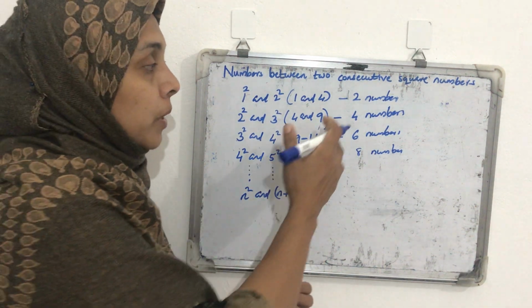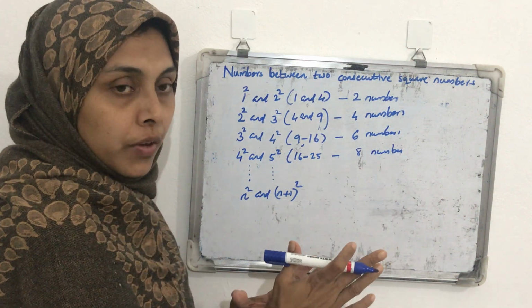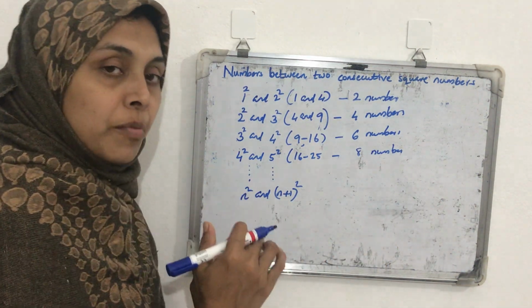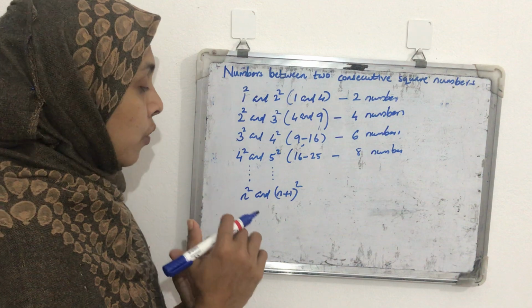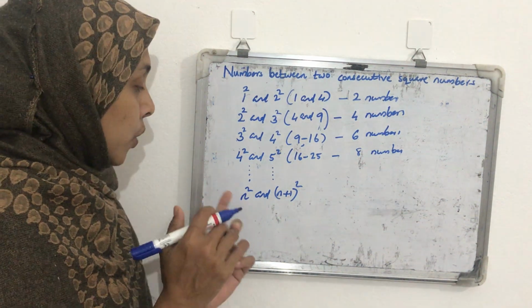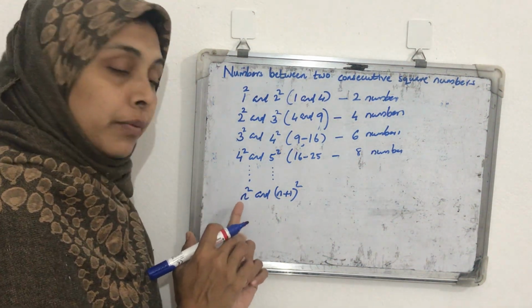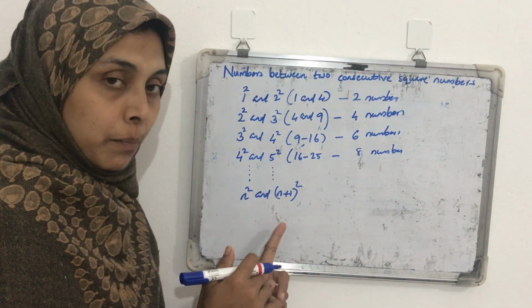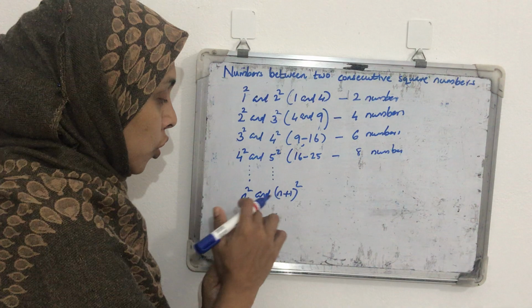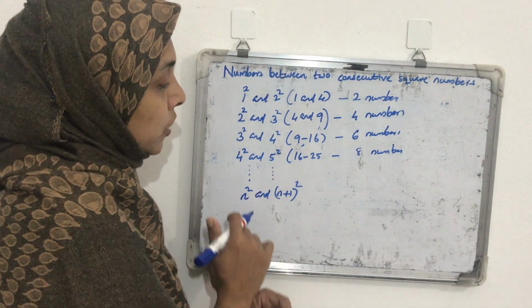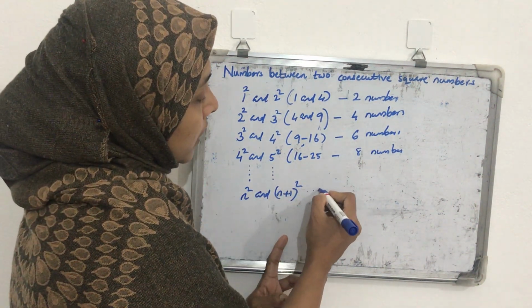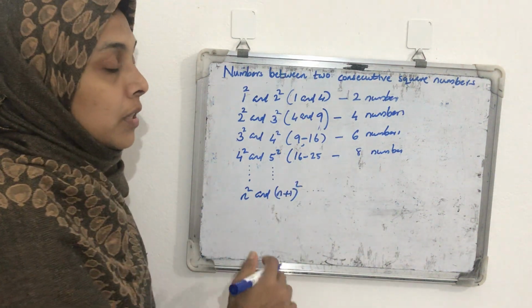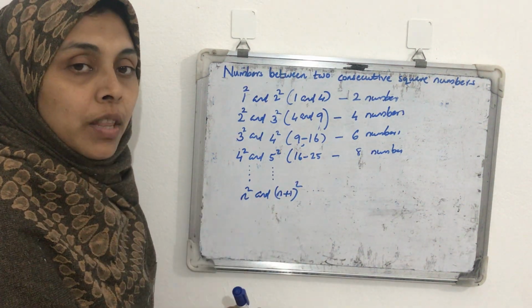It will be difficult by counting. So here we want to form a general formula. If the first number is n square, the next consecutive square number will be n plus 1 whole square. So in between them, how many non-perfect square numbers are there?